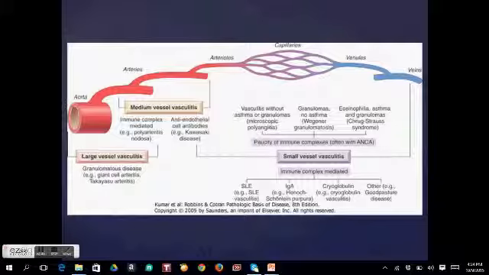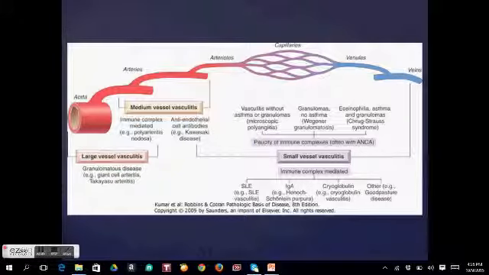One is the necrosis part, another is the healing part, another is the healed part. So it has different stages of the inflammatory process going on in the same artery. That's one characteristic feature of polyarteritis nodosa, and it is not an ANCA-associated vasculitis. It is purely an immune complex mediated vasculitis.